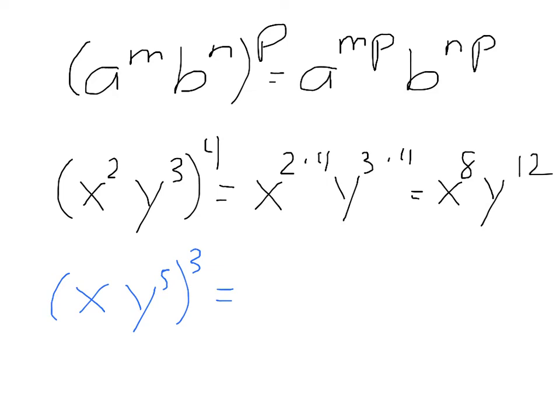See, everything has an exponent, even if you can't see it. For example, the x has an exponent of 1. So this is really x to the 1 times 3, y to the 5 times 3, or x to the third, y to the 15th.